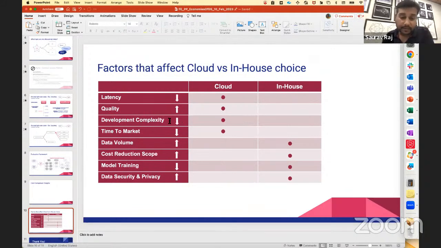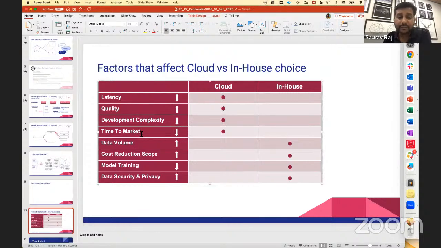If the problem statement has a higher development complexity, maybe an AI/ML use case which would require a lot of time and development effort to build in-house, and you want to reduce that complexity, then it's better to go with the cloud-based offerings.